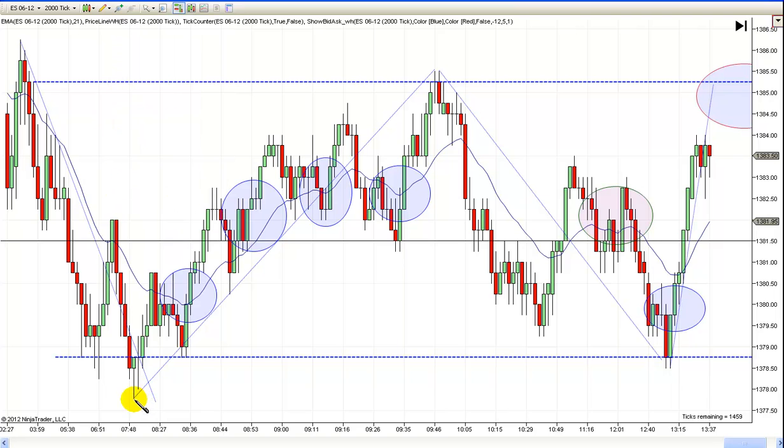I can't remember, it's fairly close, I believe. This second one's probably a little bit longer, but you can see that's pretty much what we got. This leg was a little bit stronger, but all the same, it's a two-legged move right there, and then another two-legged correction. Pull back, first entry long, pull back, second entry long right there.